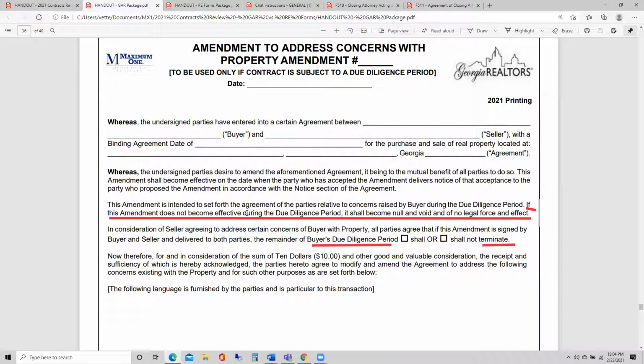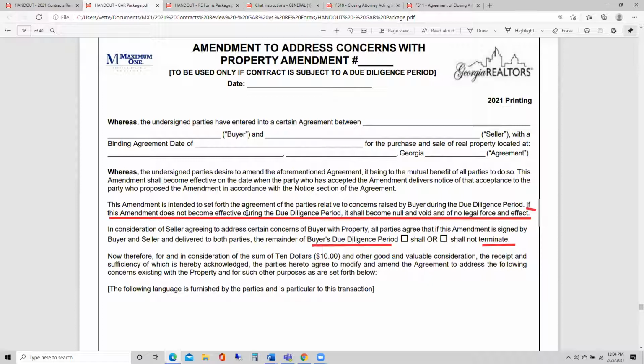All parties agree. In other words, you need both buyer and seller signatures on this amendment before the expiration of the due diligence period in order for these obligations to be part of the contract.